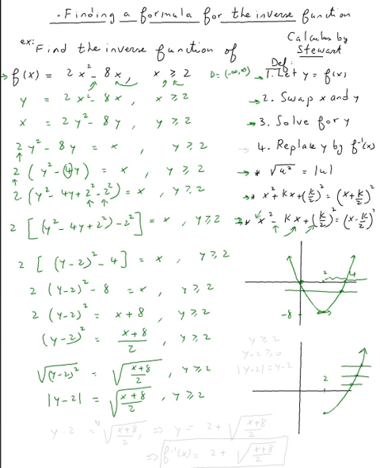Since y is bigger than or equal to 2, y minus 2 is bigger than or equal to 0, which means the absolute value of y minus 2 is just y minus 2. Otherwise we would have to write plus or minus here. Which means add 2 to both sides. And then number 4 says replace y by f inverse.